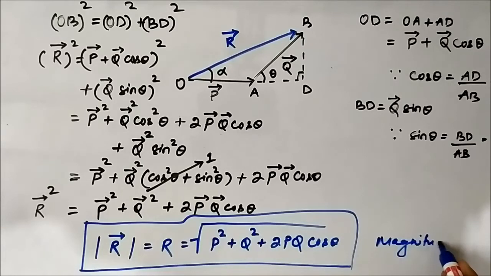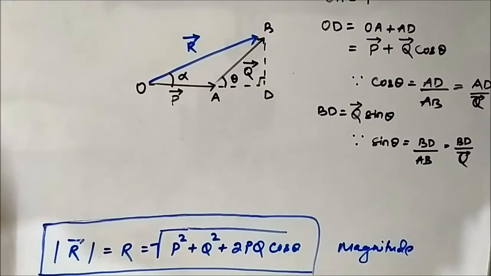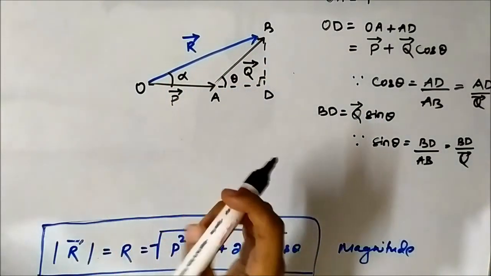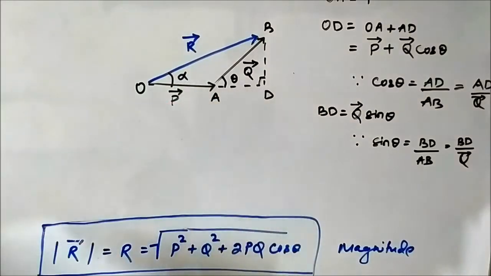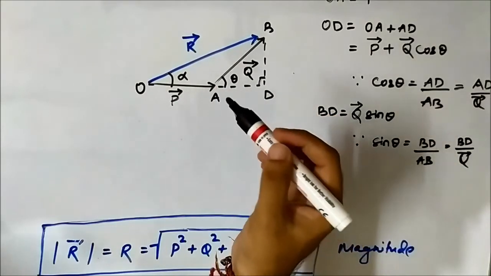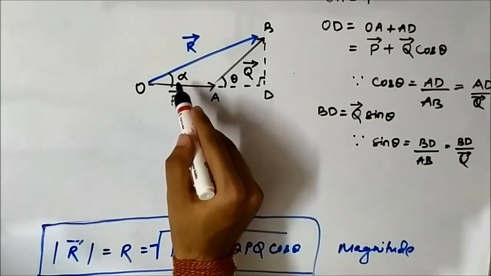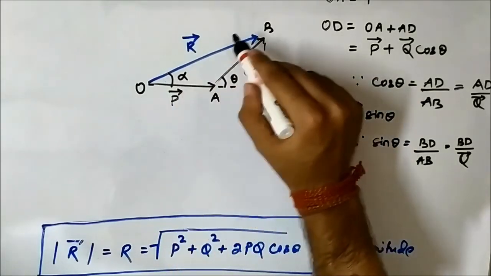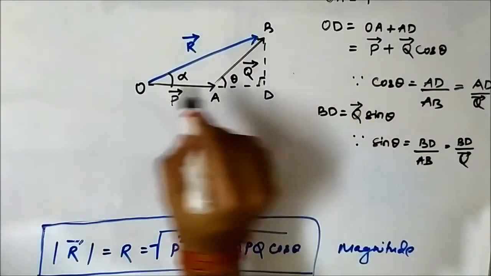Now we have to determine the direction of the vector in terms of the angle. We have determined the magnitude; now we have to determine the direction of the resultant. So this angle alpha represents the angle which the resultant vector makes with the horizontal axis.